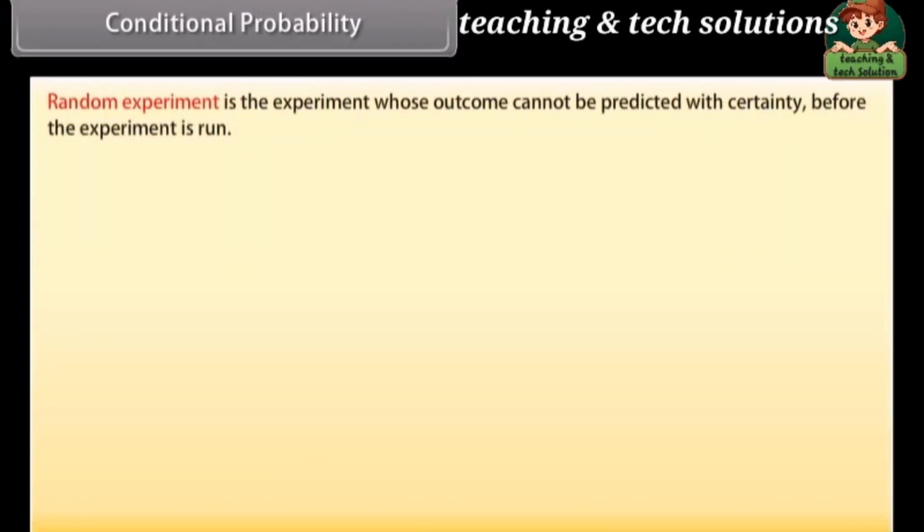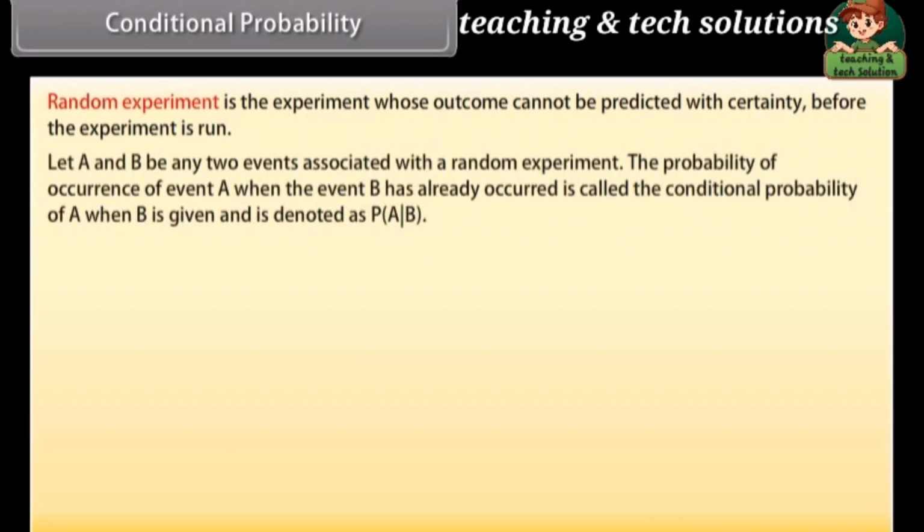Conditional probability. Random experiment is the experiment whose outcome cannot be predicted with certainty before the experiment is run. Let A and B be any two events associated with a random experiment.